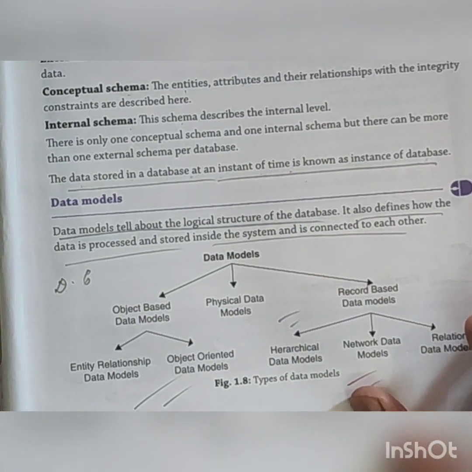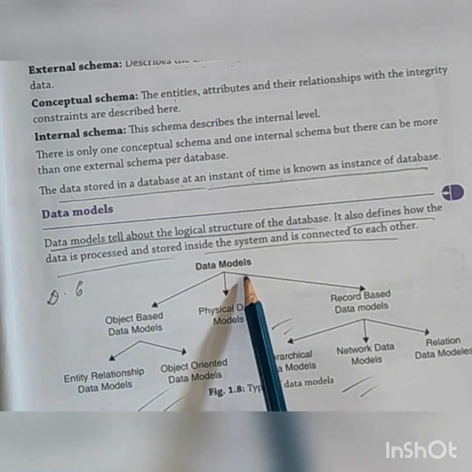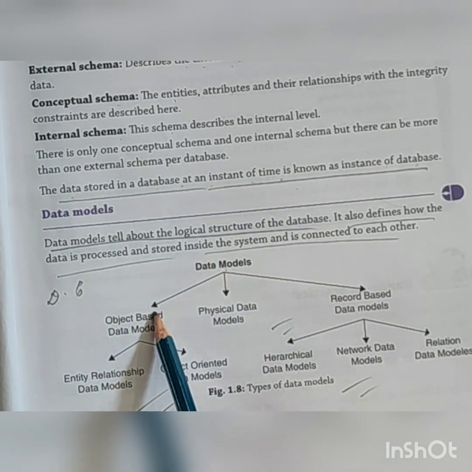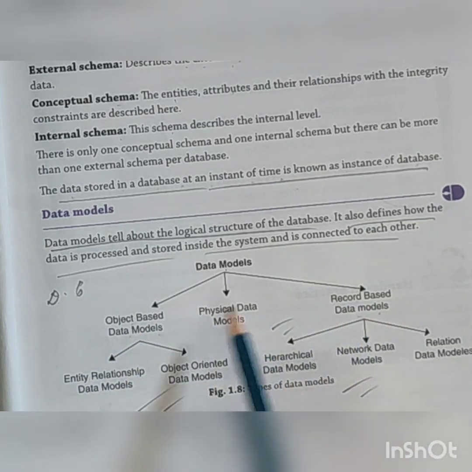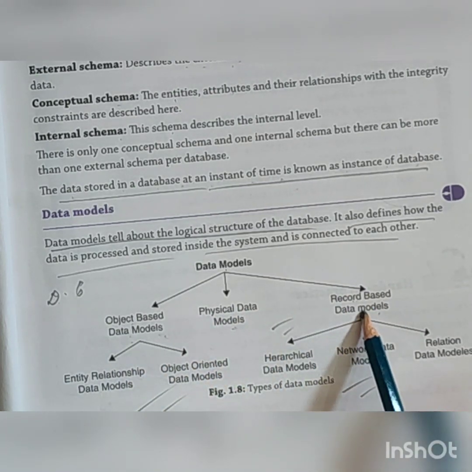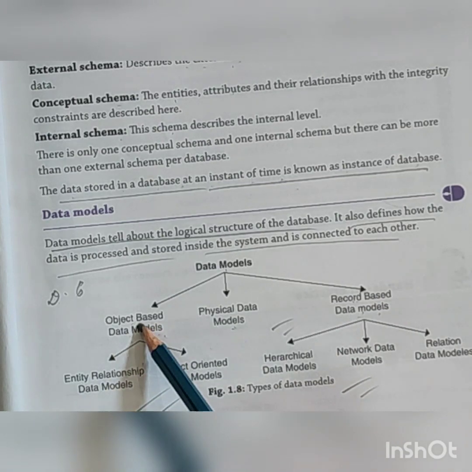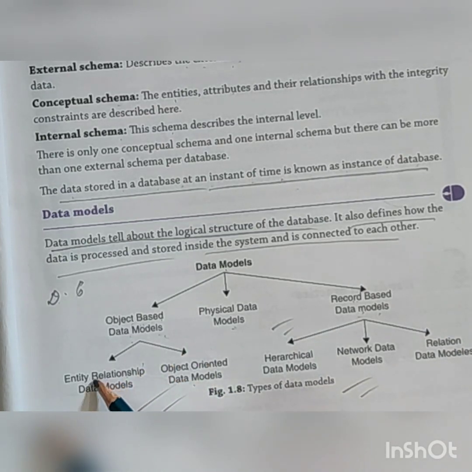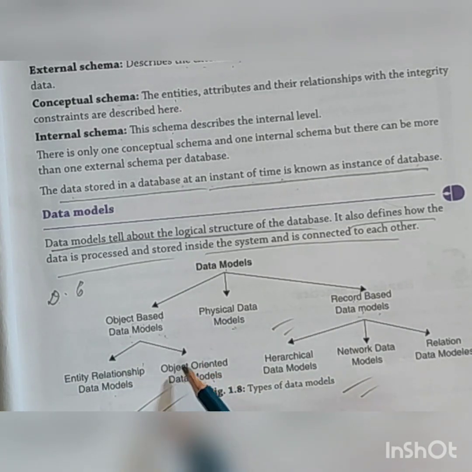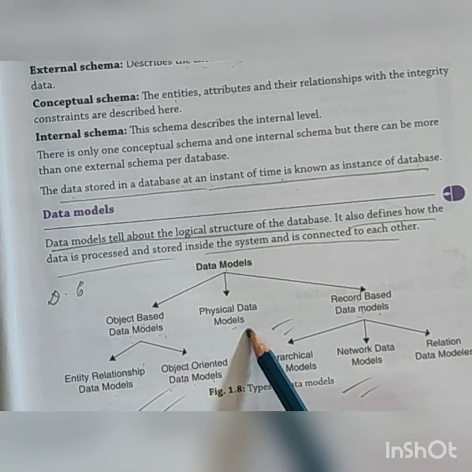Now we come to the last one, the database model. The database model has three parts: object based data model, physical data model, record based data model. Object based data model has two parts: entity relationship and object oriented data model. Later you will get these in class 8, and later in Java programming. Then the physical data model.